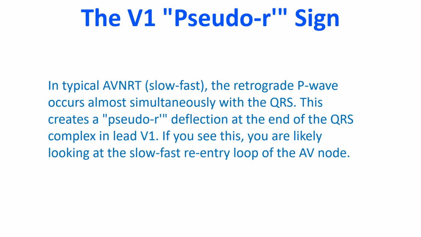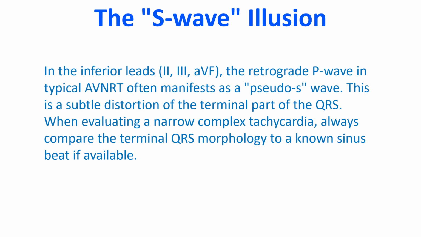If you see this, you are likely looking at the slow-fast re-entry loop at the AV node. Actually, you can call it pseudo R prime. In inferior leads 2, 3 and aVF, the retrograde P wave in typical AVNRT often manifests as a pseudo S wave. This is a subtle distortion of the terminal part of the QRS.